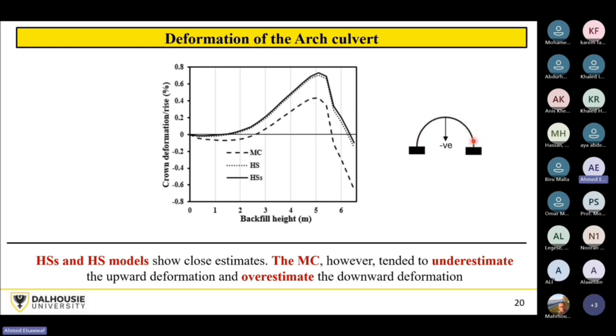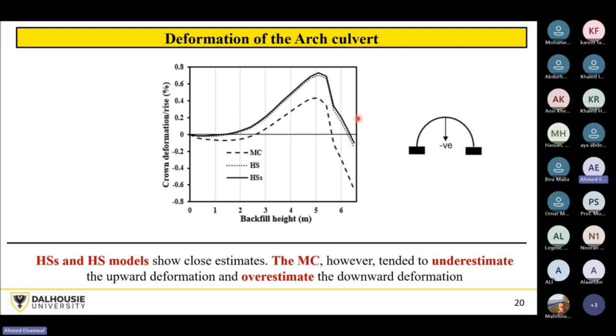Much of the deformation of the arch will rebound after removing the compaction effort. That's why the Mohr-Coulomb model, as I'm telling you here, is underestimating the upward or peaking deformation, and overestimating the downward deformation.